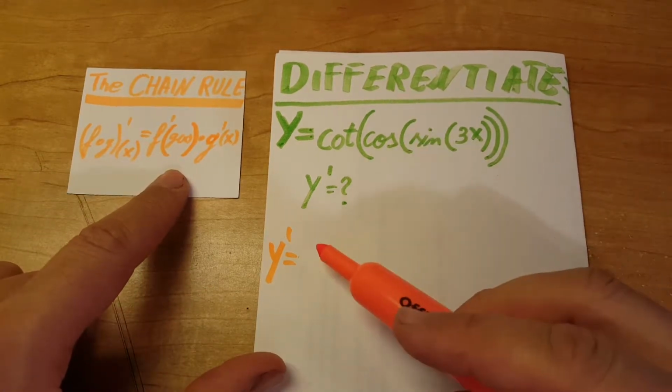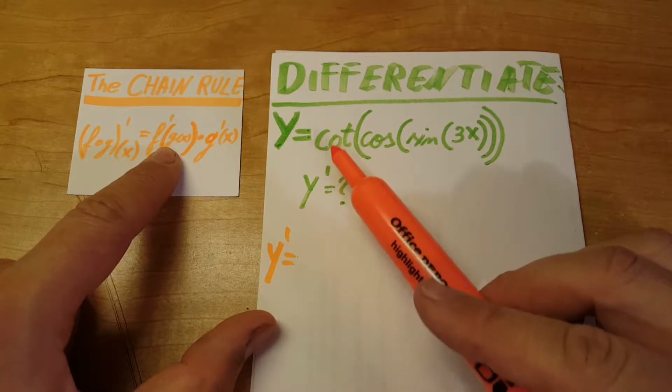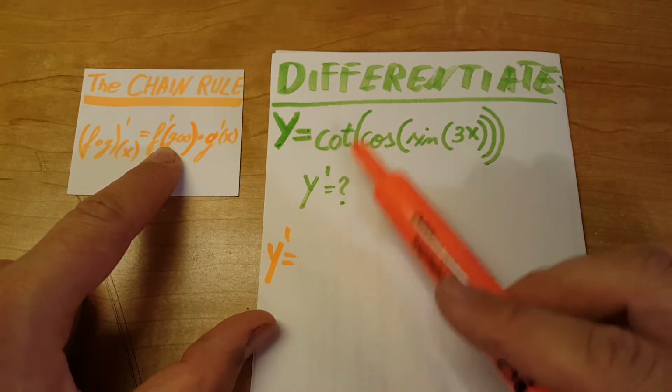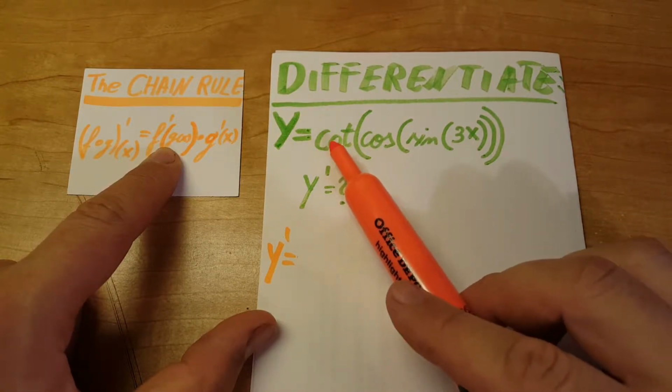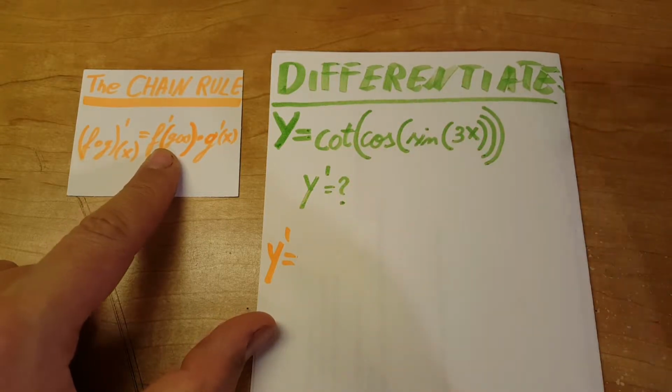So for the first step, we're gonna take the derivative of the outside, which for us is cotangent, and leave everything else in the parentheses unchanged.